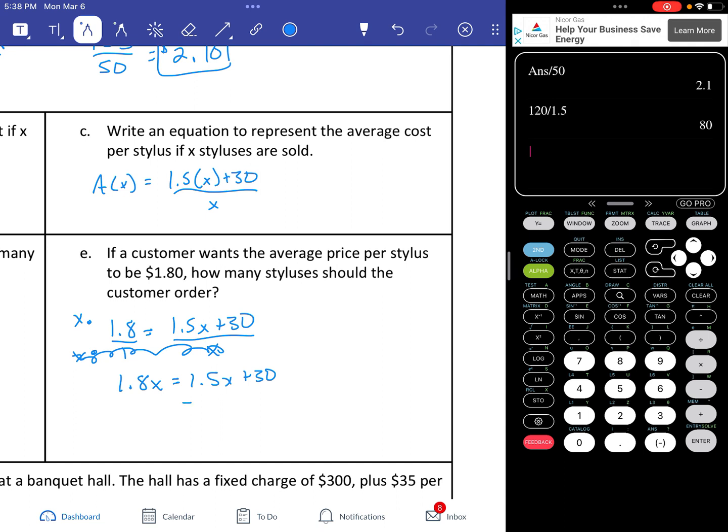Now we subtract 1.5. So 1.8 minus 1.5 is 0.3. I'll just show you. So 0.3x equals 30, divided by 0.3, and x will equal 100. There you go.